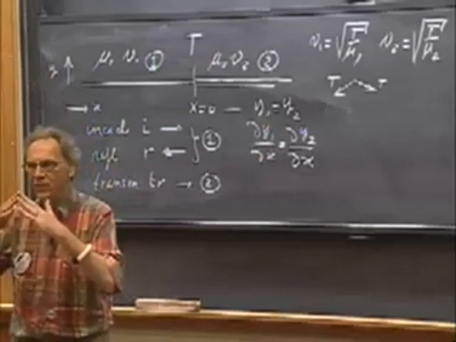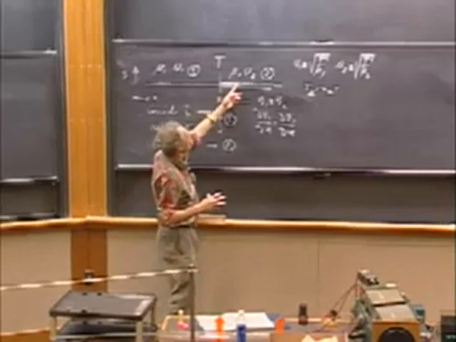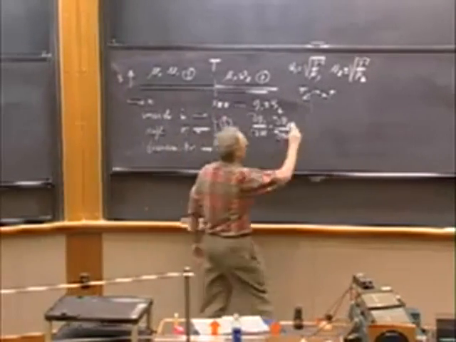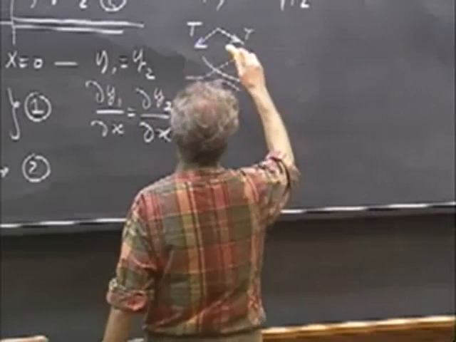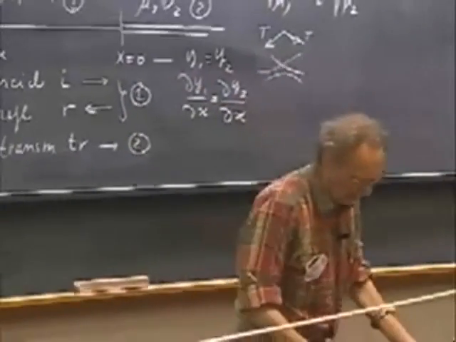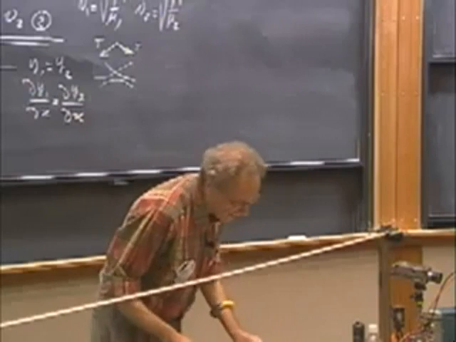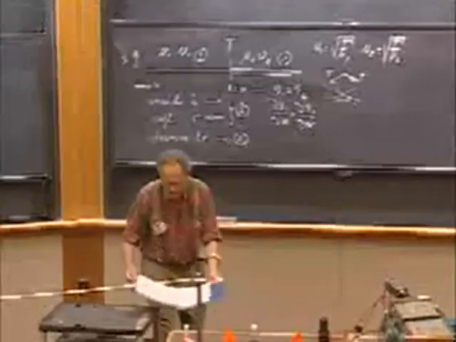So you can never have a kink in a string, not even when it is connected like this with another string. So it must always be fluent here. Or it could be like that, or it could be like that, but it cannot be like this. And so that's the condition that the spatial derivative from the left must be the same as on the right side. So let us start with an incident wave.